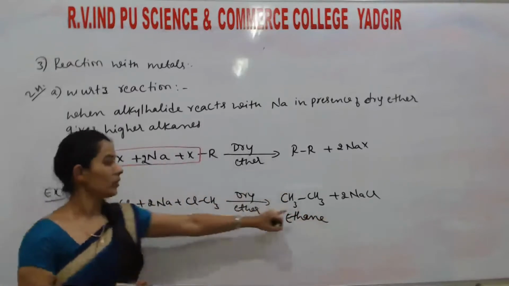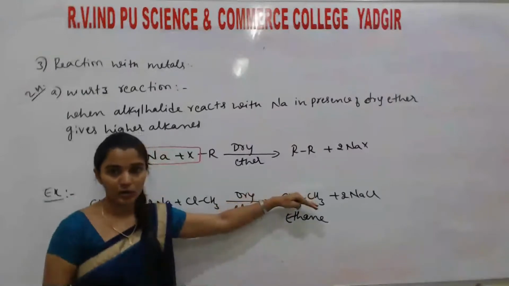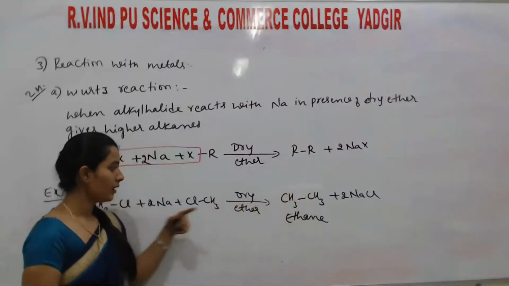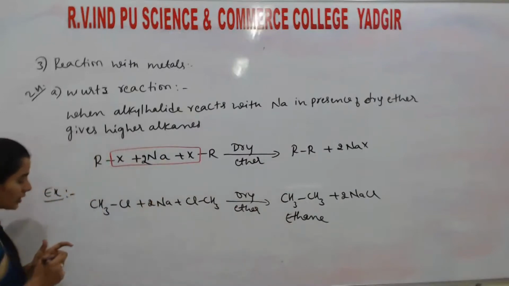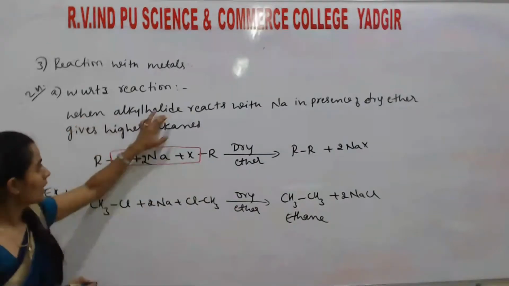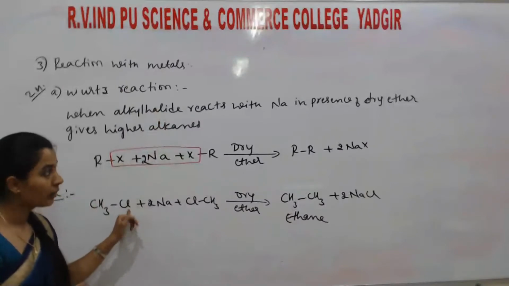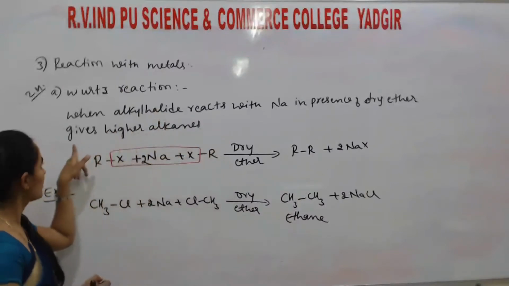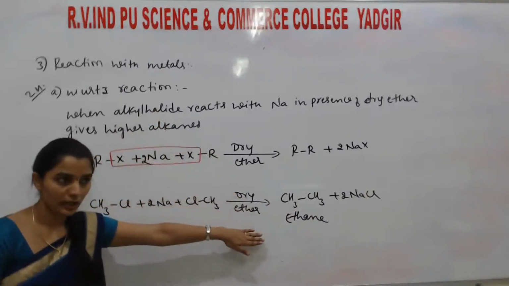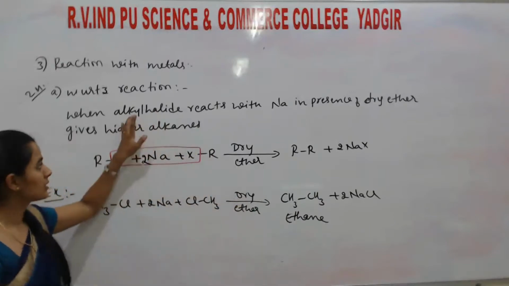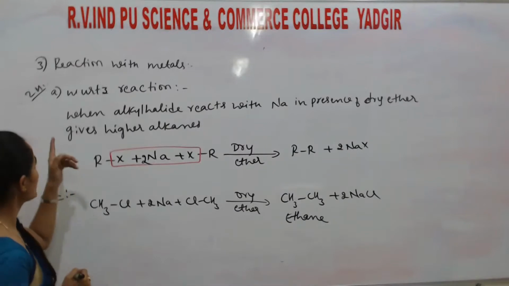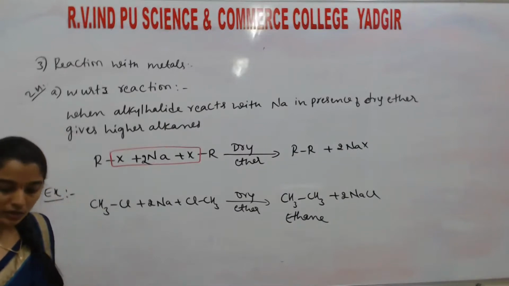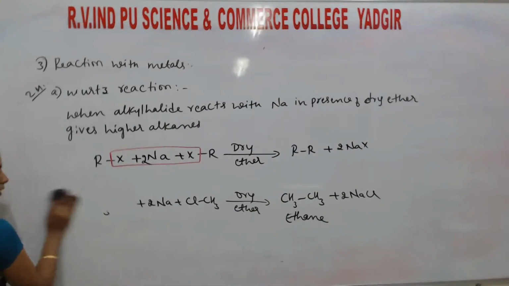Compared to one carbon atom, two carbon atoms means it is a higher alkane. That is the Wurtz reaction. You can easily say, students, when methyl chloride reacts with sodium in presence of dry ether, it forms ethane. Just replace this by the respective names. Understand? This one is the Wurtz reaction.